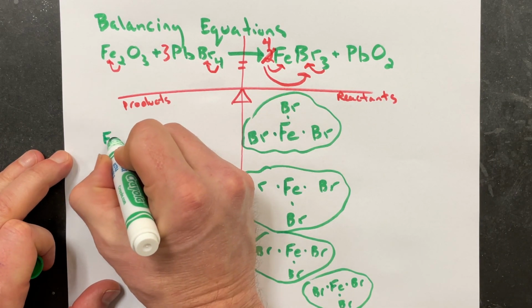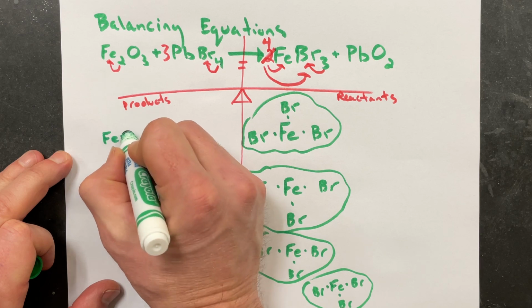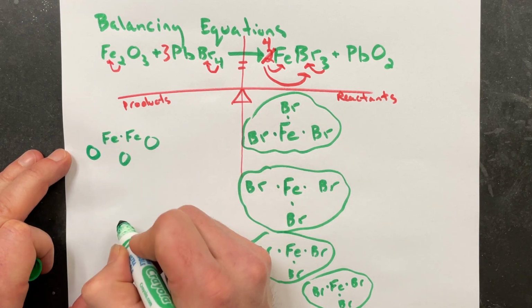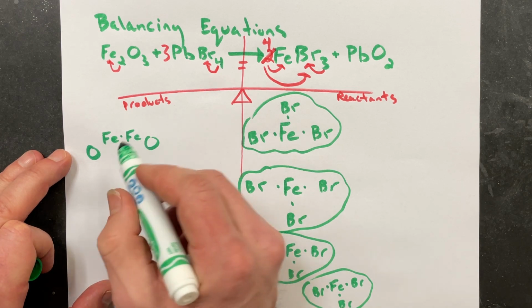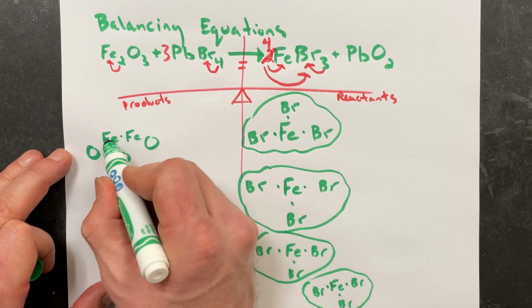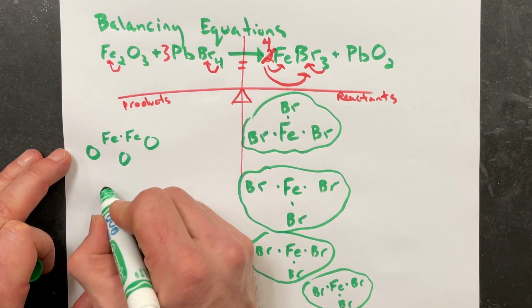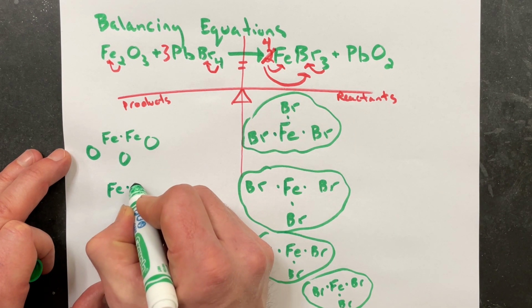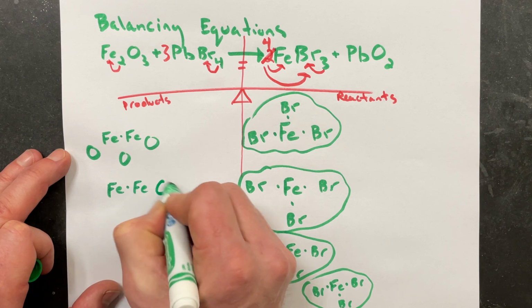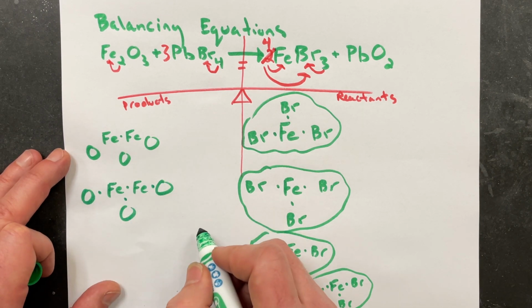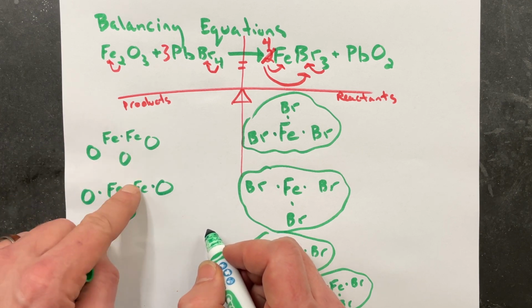So I'll just draw not the actual structure, but we got 2 irons with 3 oxygens that are around it. And so we can see that we have 1, 2, 3 oxygens and 1, 2 irons. And we need to get to 4 irons, so I'm going to need this 2 times. Again, I'm just drawing this simply, so we got a reference point here. So that gets me 4 irons.